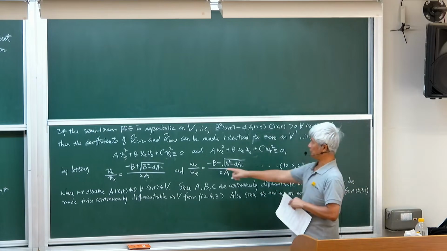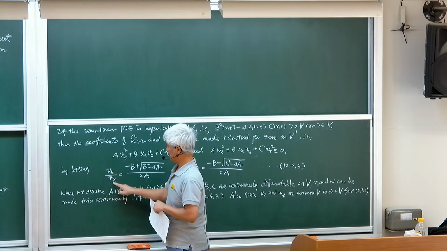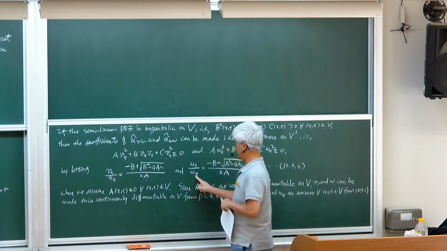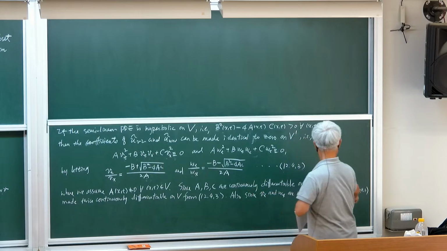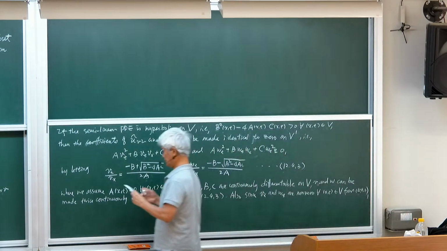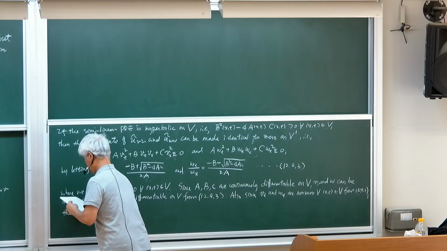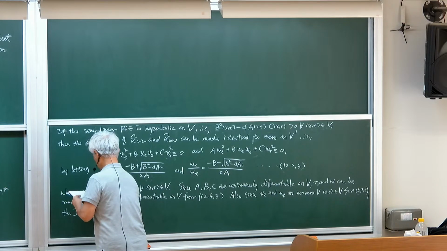Because when we write it this way, we also assume that Vx and Wx must be non-zero. So the Jacobian determinant.